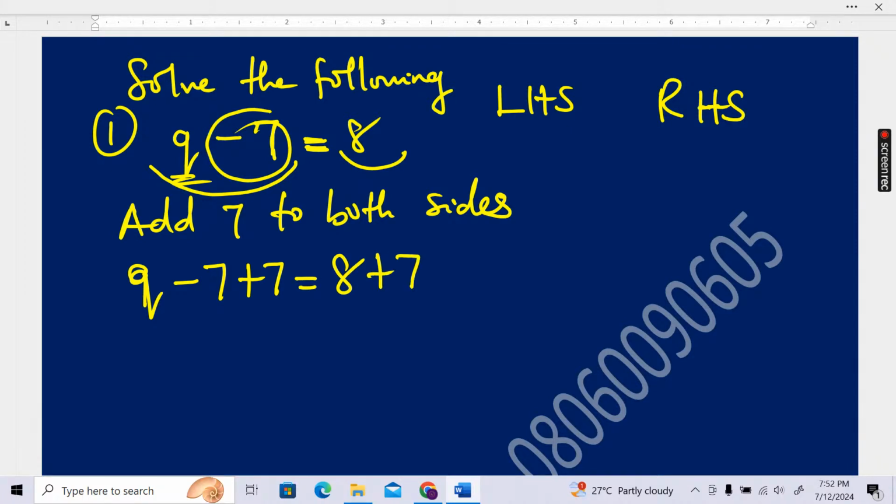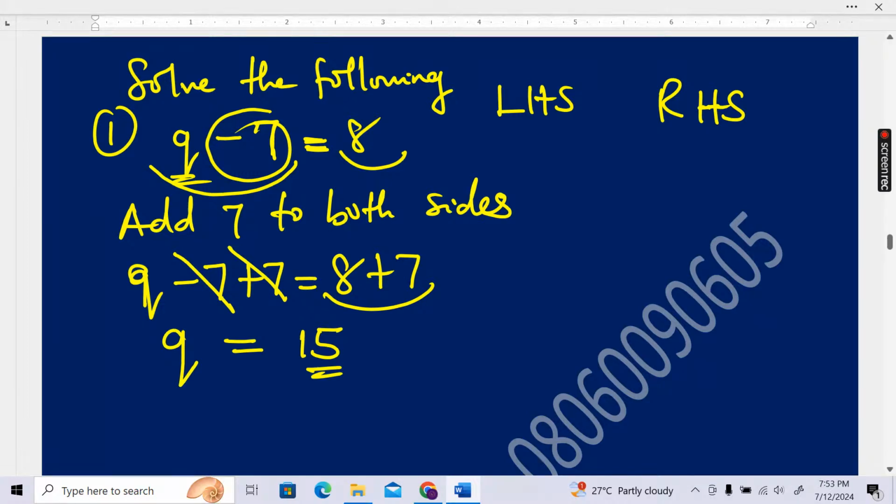When you have minus and plus with the same number, it gives you 0. So minus 7 plus 7 is 0, and you're left with Q. Q is equal to 8 plus 7, which is 15. Therefore, the value of Q is 15.